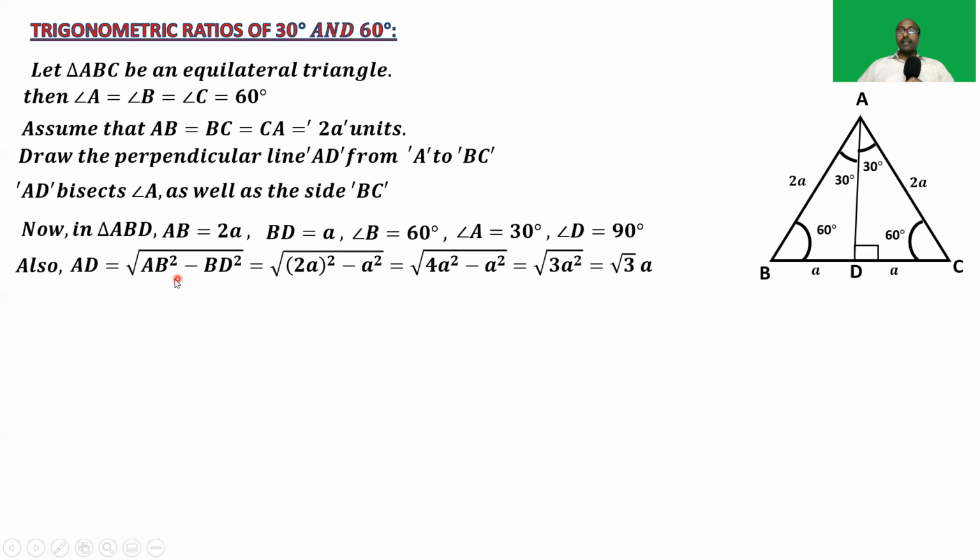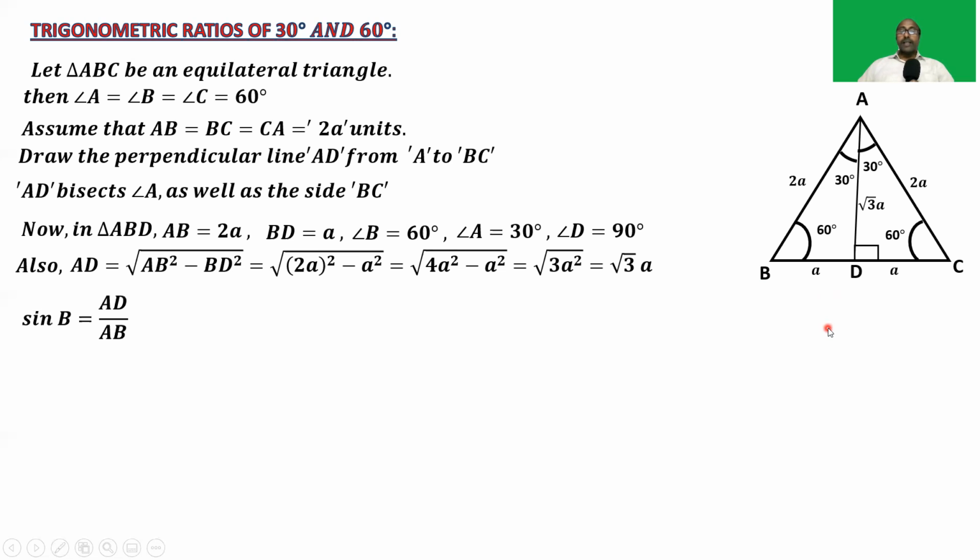That is, we have AB equals 2A and BD equals A. So 2A whole square is 4A square. So AD equals under root 3A square, which equals root 3 into A. So in this way, we got AD equals root 3 into A units, that is the altitude of this equilateral triangle whose side 2A is root 3 into A.